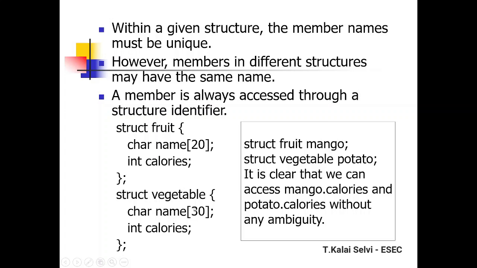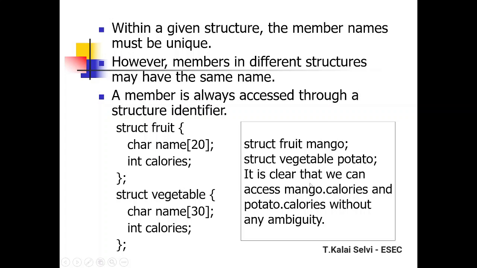Here also we are using the same names, name and calories. See here, struct fruit mango. So this mango is the structure variable of the fruit structure. And struct vegetable potato. So this potato is the structure variable of the vegetable structure.